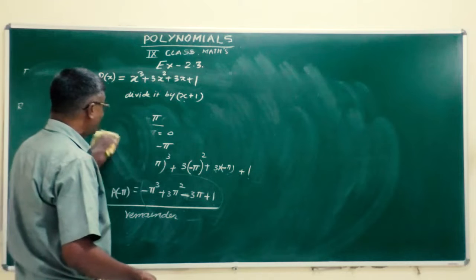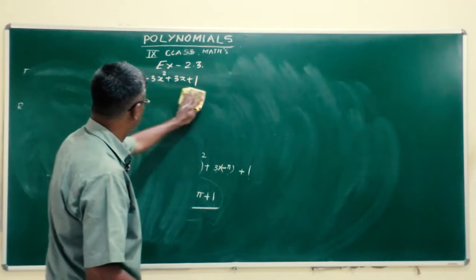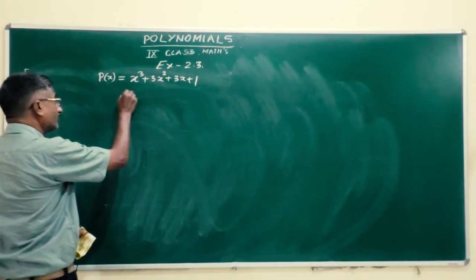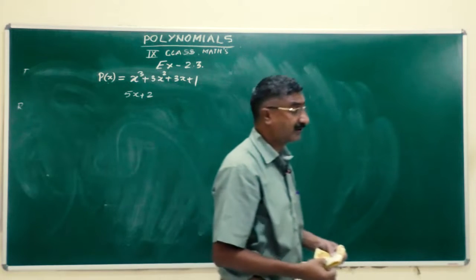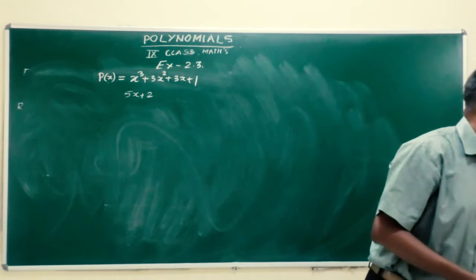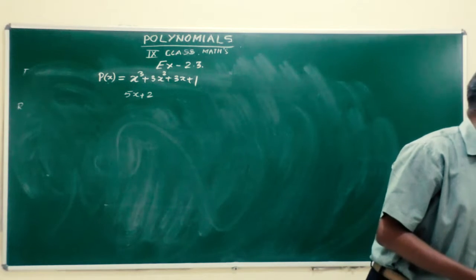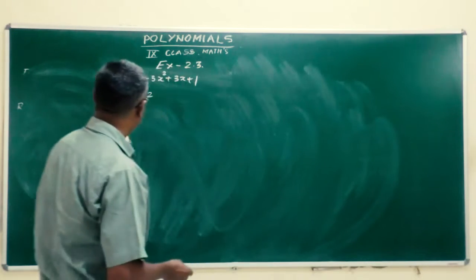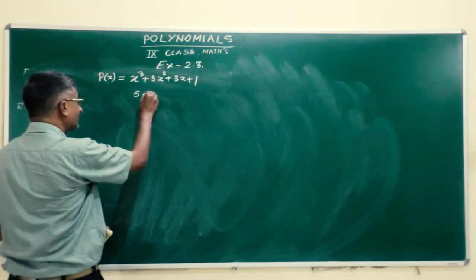Next is 5x plus 2. 5x plus 2. x cube plus 3x square plus 3x plus 1 is divided by 5 plus 2x.